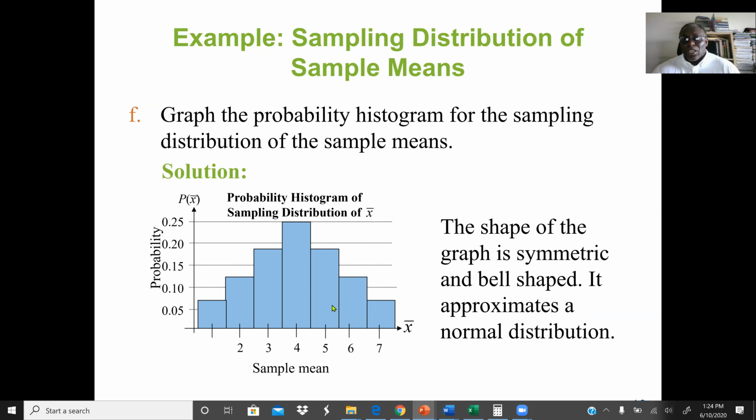So what we're trying to say is that if I have a population, whether the population distribution is normal or not normal, when we take samples from the population, the distribution of the sample means will be normal. So that's why here we can see a normal distribution now.